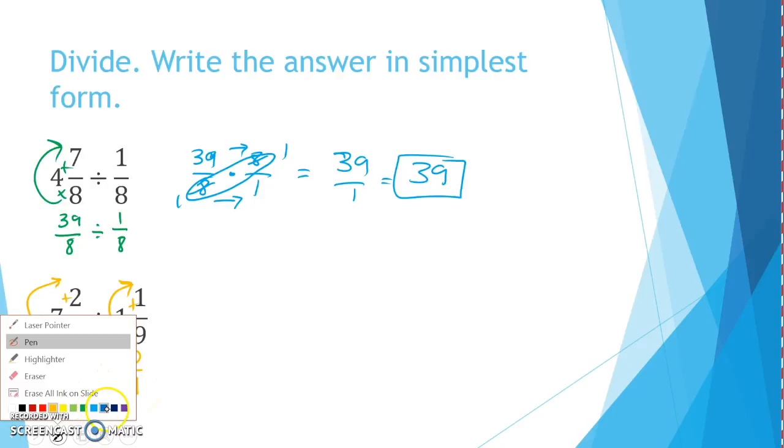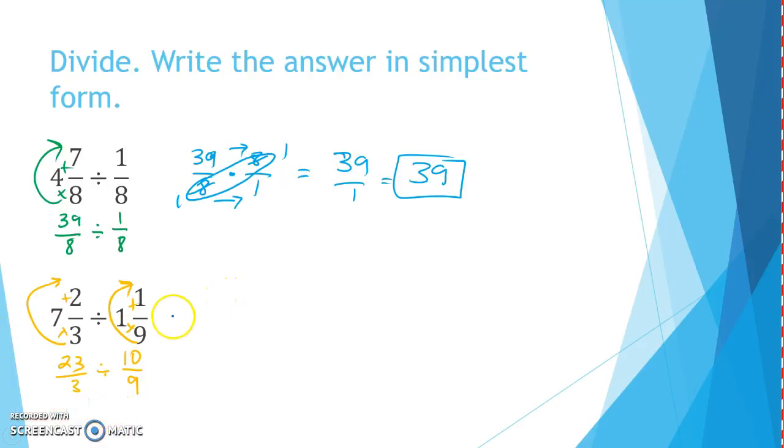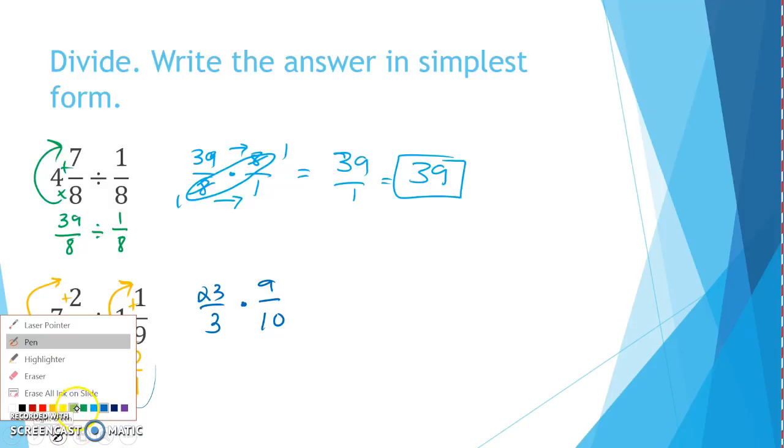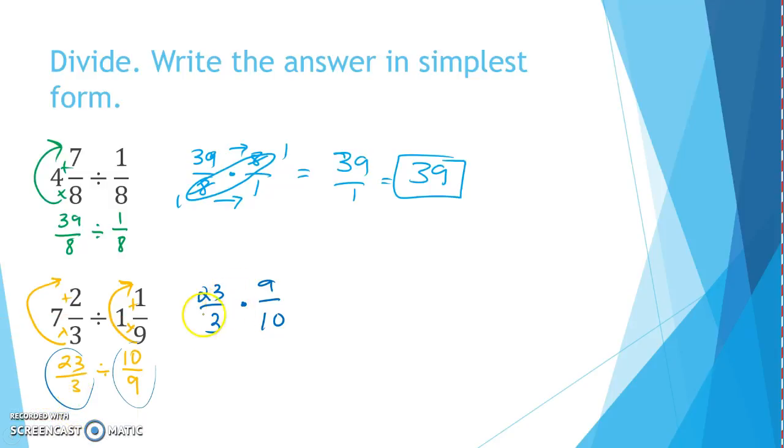So now that we have these as improper fractions, we're going to use keep, change, flip. So we keep 23/3 the same, 23 over 3, change that division sign to multiplication, and then flip our 10/9 and get 9 over 10. Now before we do any multiplication, check to see if we can do any cross canceling, which this time we can. So 9 and 3 can both be divided by 3.